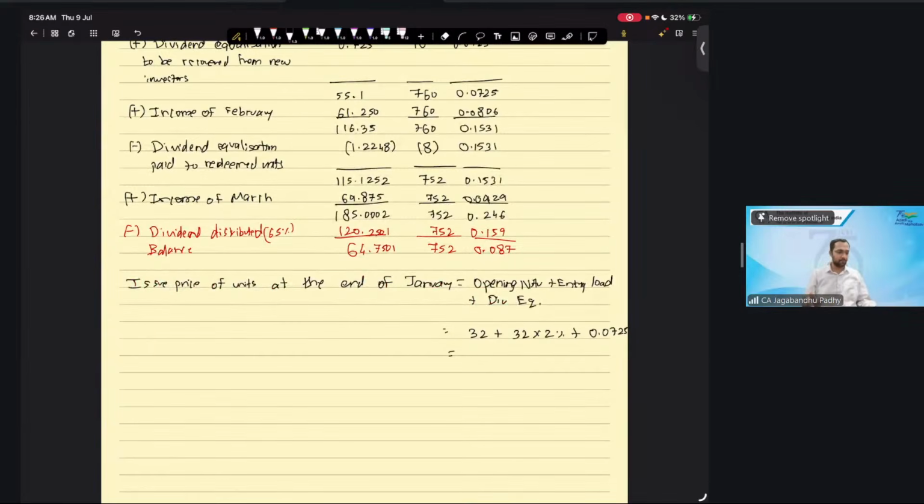Just add them. 32 into 2% plus 32 plus 0.0725. That's 32.7125.